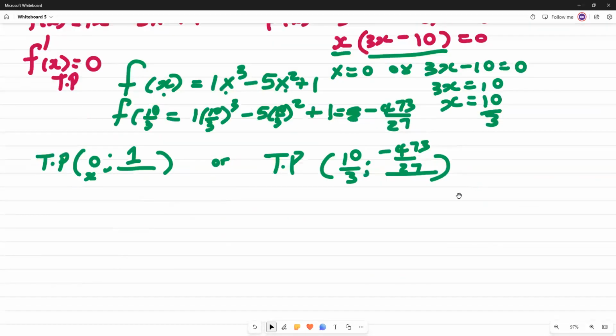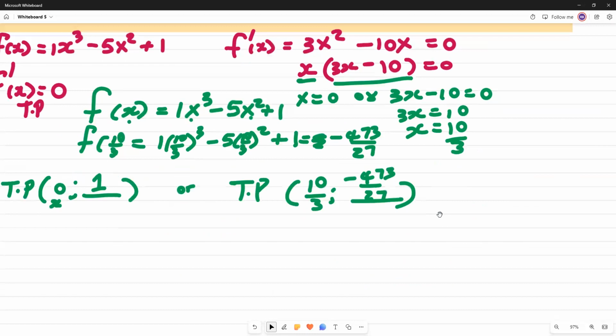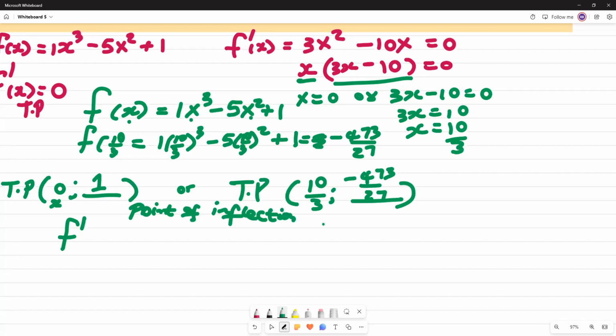Okay, sharp. Now let's do the point of inflection of this function. A point of inflection, ladies and gents, is basically where the concavity changes. Let me just show you here. Let's say I have a cubic function like this. I'm just going to use 2 different colors for explanation purpose.